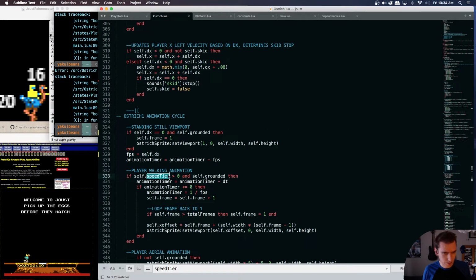If our dx... oh, you know what? On stuff like this, if I'm moving left or right, previously when I was doing speedTier logic, my speedTier would be 1. So anytime I have logic saying, if speedTier greater than 0, a lot of the time I'm saying if I'm moving.